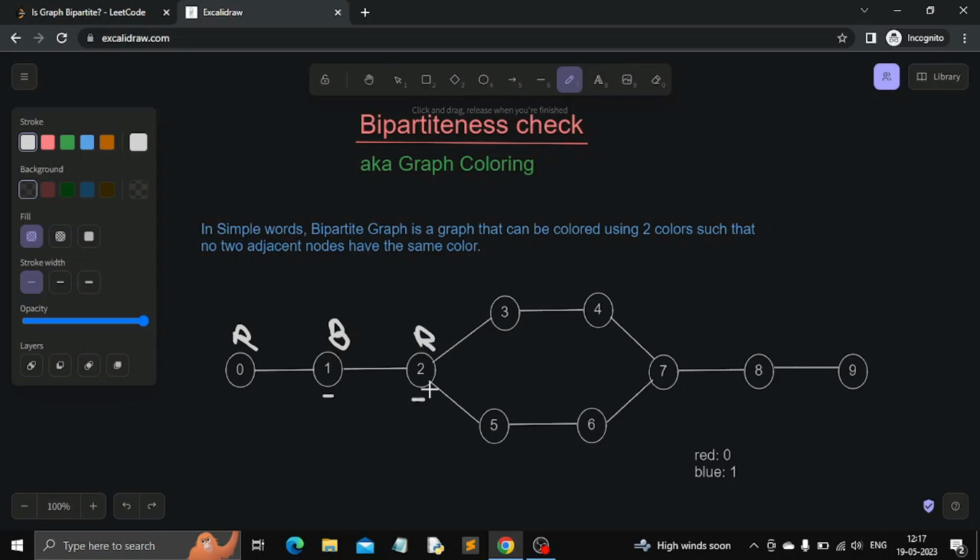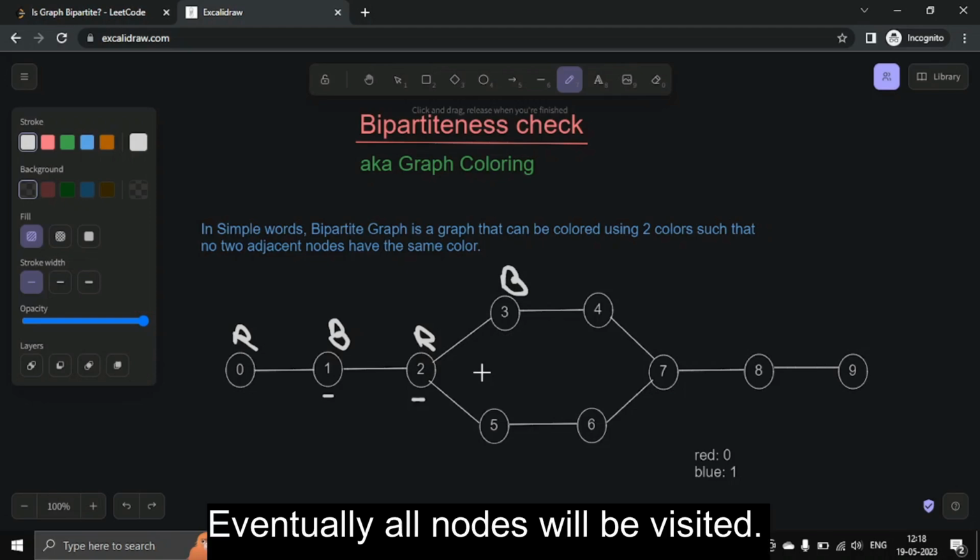The neighbors of node 2 are node 3 and node 5. So we are going to color node 3 blue, since the previous node is colored red. Depending on which algorithm we use, if we use the DFS algorithm, then we will keep on moving ahead, to node 4 and then node 7, like this.